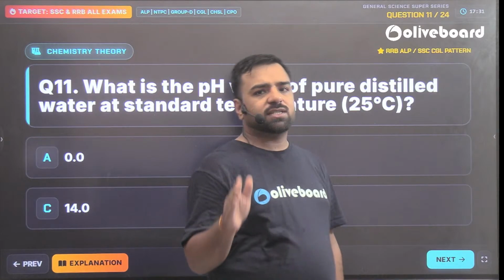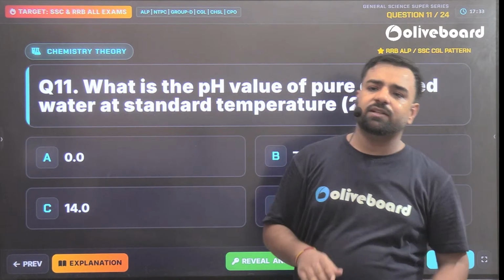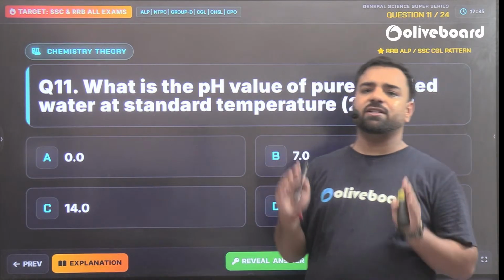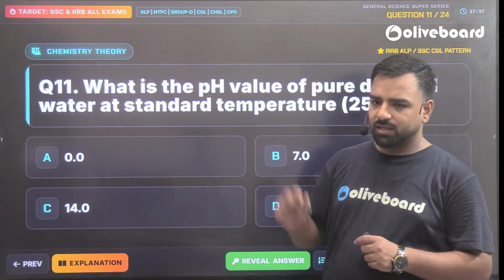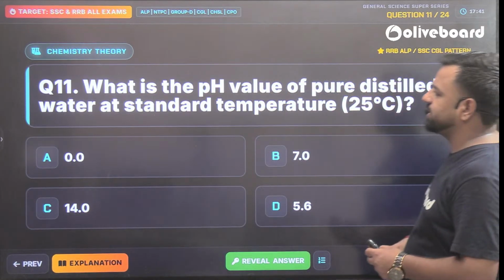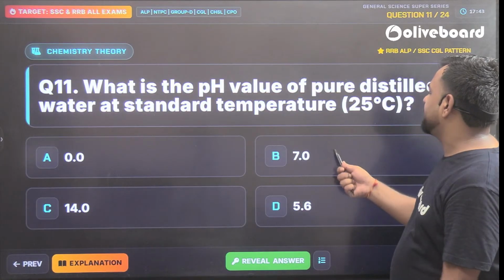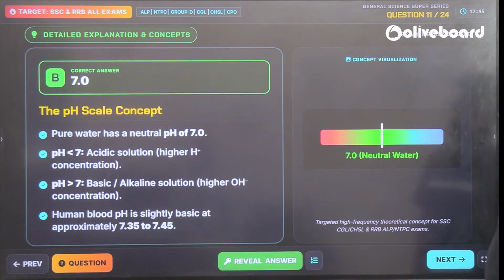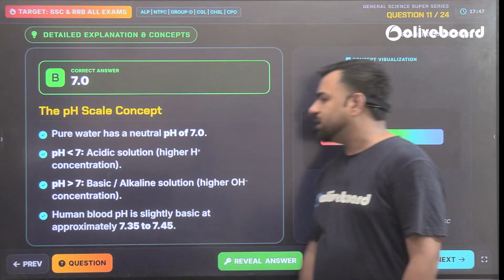If the value is 7, it's neutral. If it is less than 7, it's acidic in nature, and if it is more than 7, that's basic in nature. So the pH value of pure water is 7.0 at standard temperature, 25 degrees centigrade. 7 is the correct answer, that is neutral in nature, right?